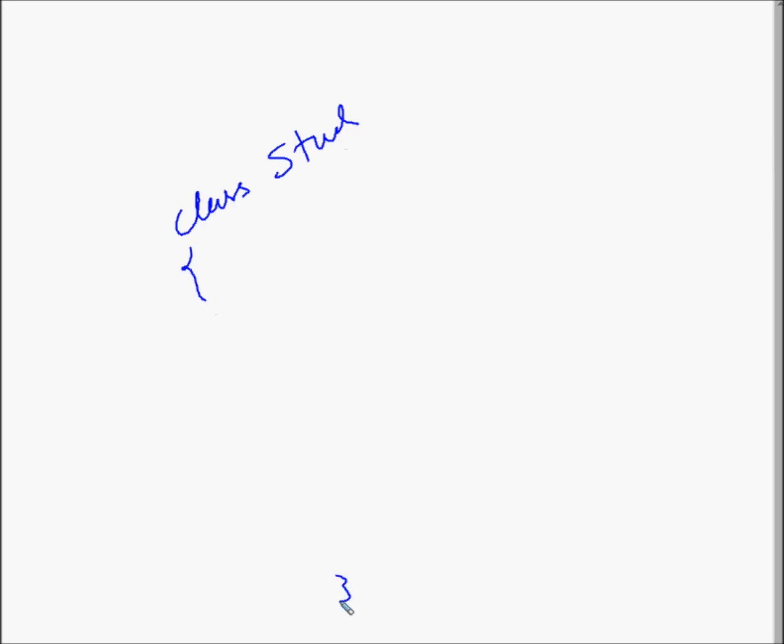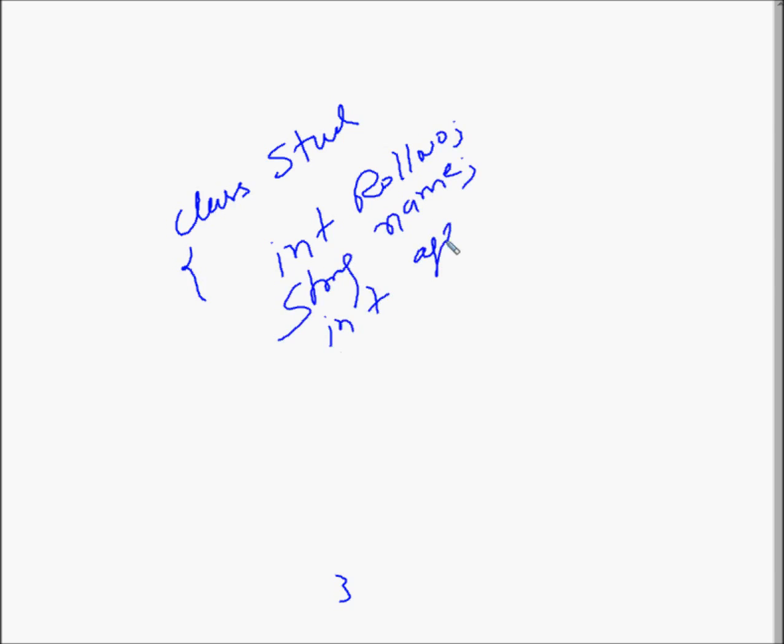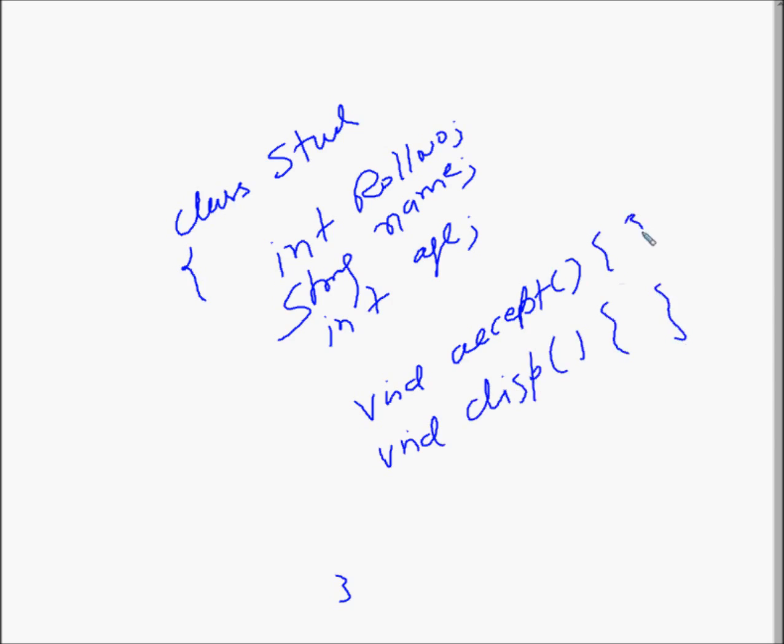Now inside that you're writing int roll number, and then a string name, and then int age. And then you're writing void accept, and then void display, open and close.